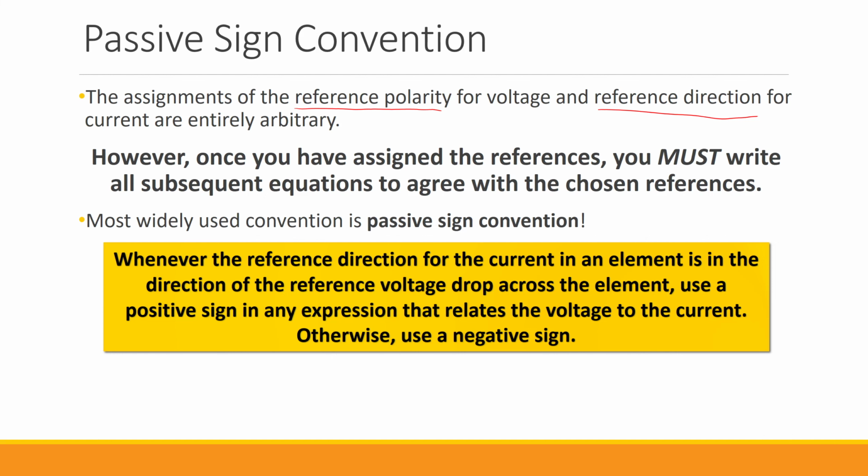So you cannot do this differently for the different components of a single circuit, right? Whatever standard you come up with, you have to follow that for all the components. Otherwise, your solution is going to be wrong.